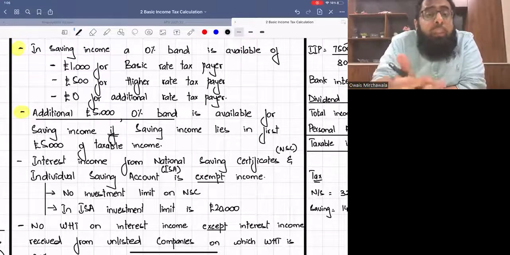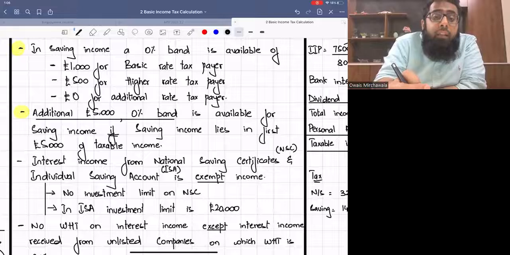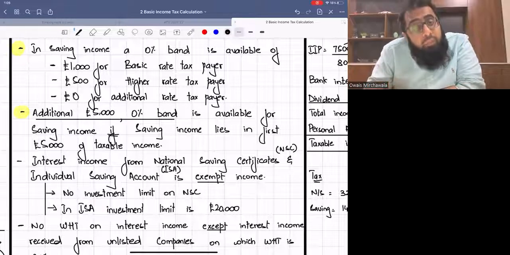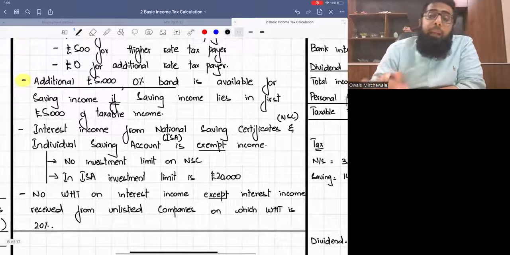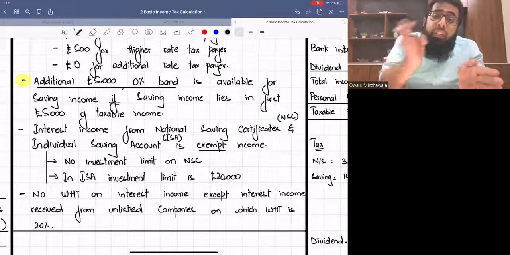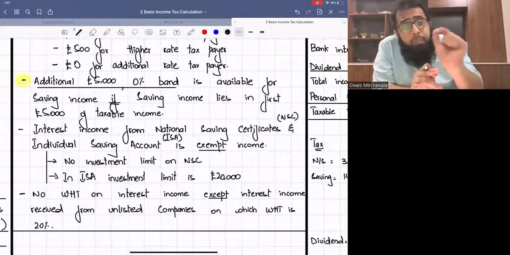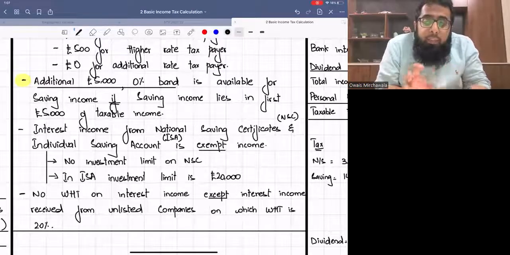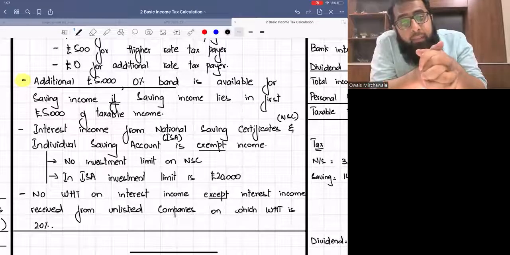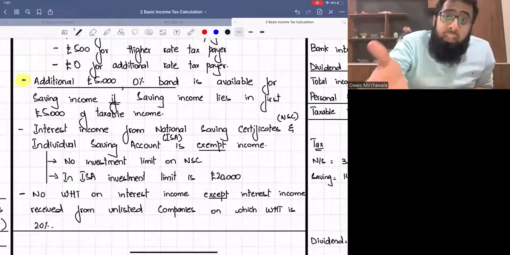In addition to these, there is an additional 0% band available of £5,000 for saving income, but the condition is that the saving income should lie in first 5,000 of the taxable income. Now this rule is a bit confusing for the students. Other than normal 0% bands, in saving income we will get an additional.